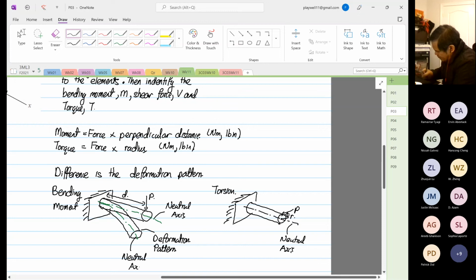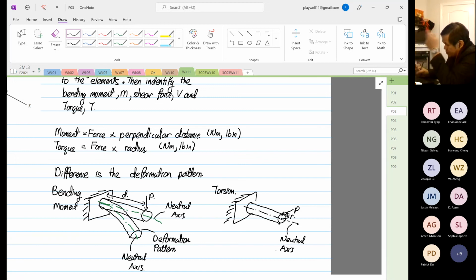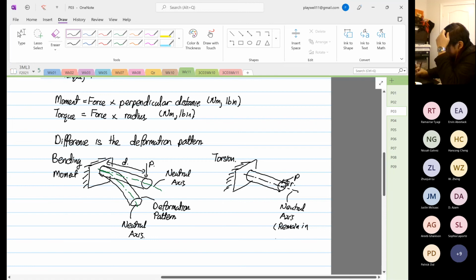It can be a smiling face or a sad face. In a torsion configuration, the neutral axis remains in the same position.